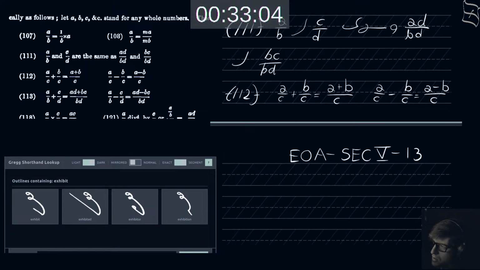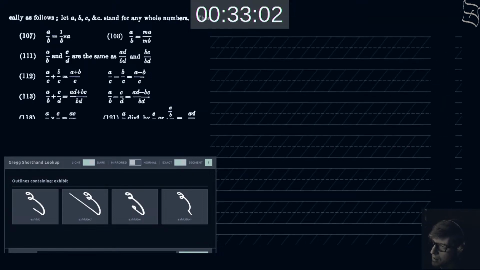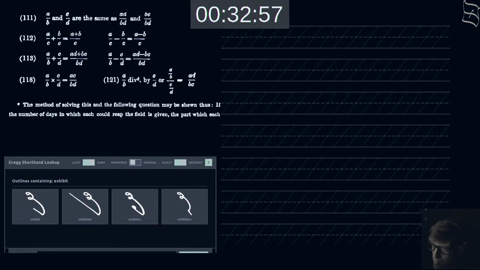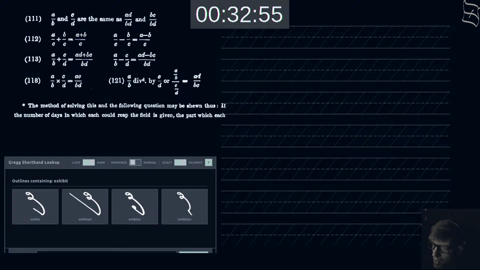All right, so there's our 12th article, and then the 13th article is more of the same essentially, except now we're expanding to different denominators. This is how we deal with the case of disparate denominators.